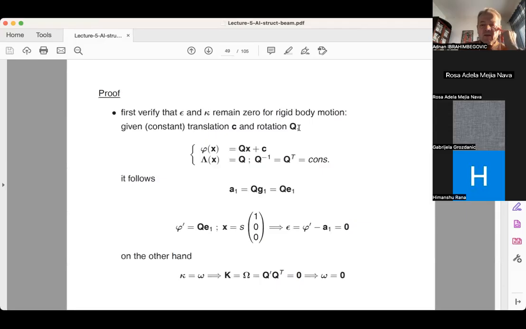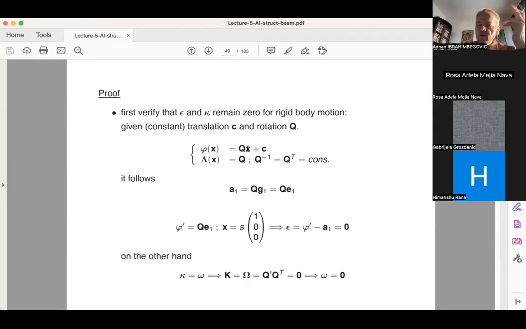I can now show the proof that I really have strain measures. The first point is, if I have a rigid body motion of the beam, that means that the new position of the beam is obtained by a rigid body translation. So this is a constant vector which takes the beam to a new configuration, and then eventually the rotation that is rotating the cross section of the beam.